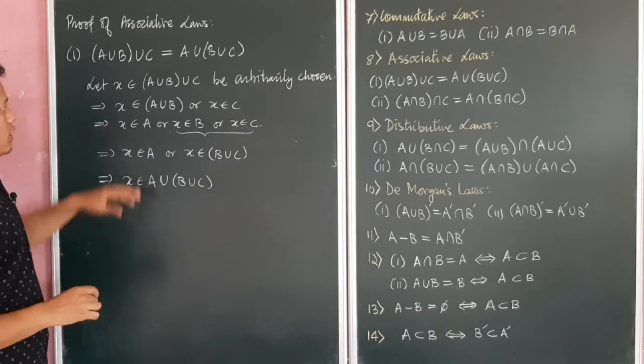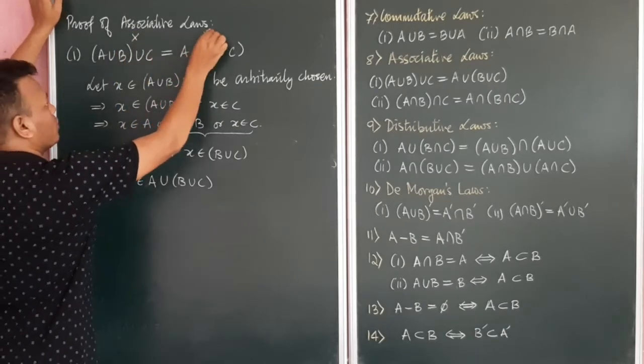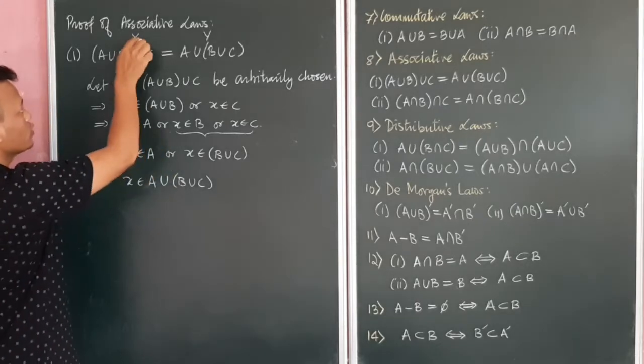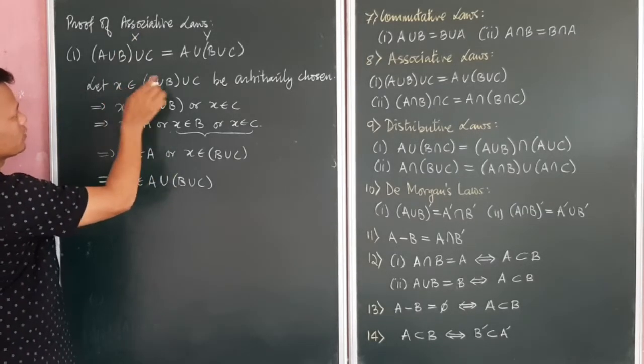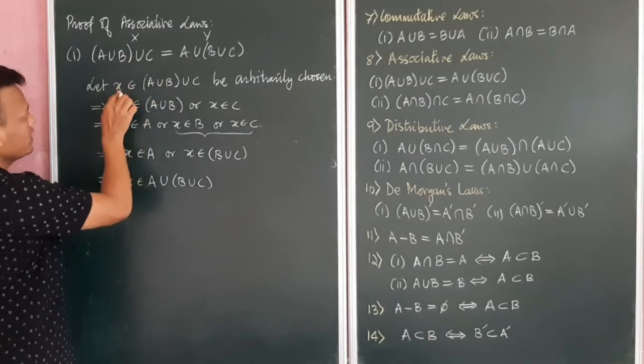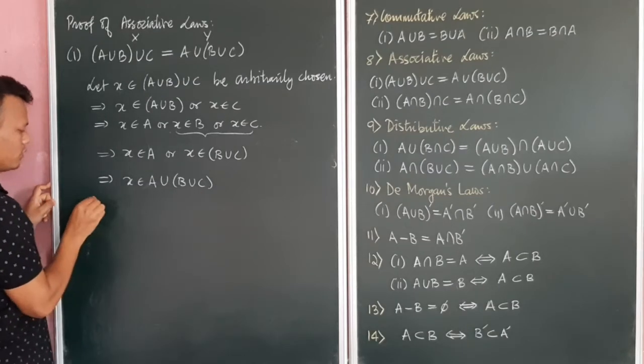Now see here, I took this to be my x, for example, and this to be y. So x equals to y, that's what I wanted to show, and I choose one random element x from this, that is x. And after that I showed that the very same x belongs to this, that is y, isn't it? So this means what?